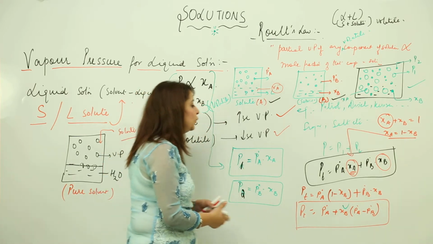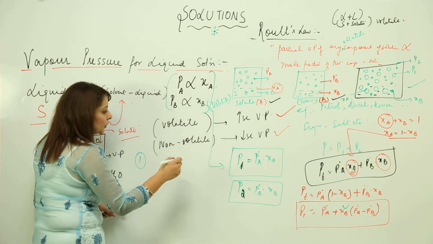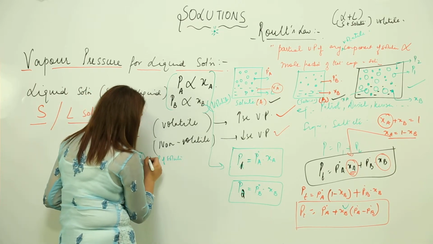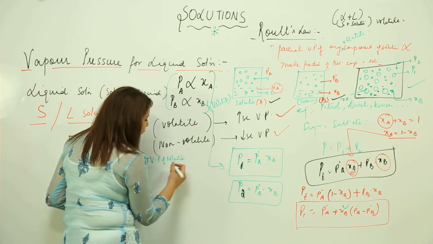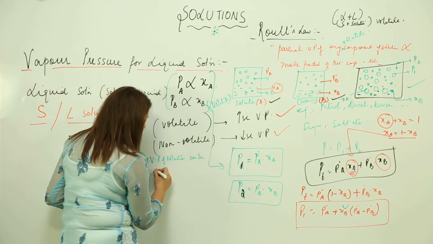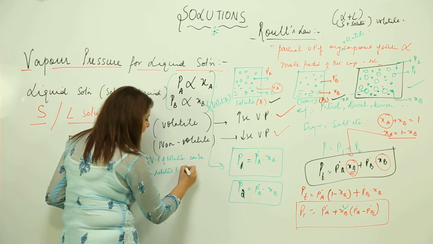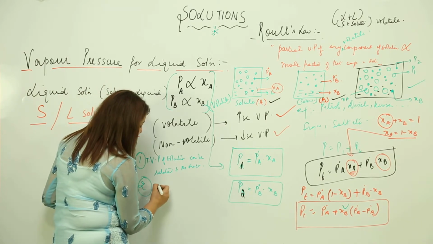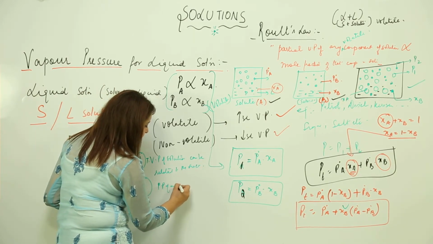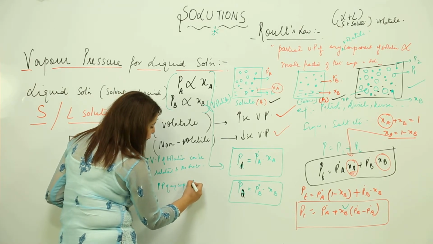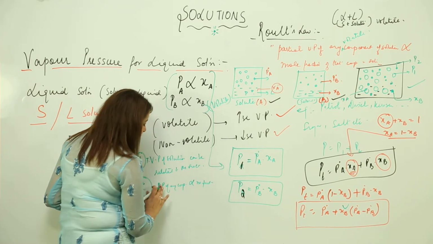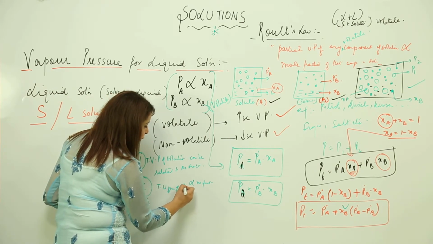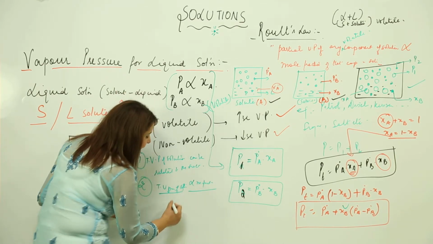So what conclusion do you actually get from this? First, the total vapor pressure of the solution can be related to the mole fraction, right. And the second thing is that the partial pressure of any component is directly proportional to the mole fraction, or you can say that the total vapor pressure of the solution varies linearly with mole fraction.